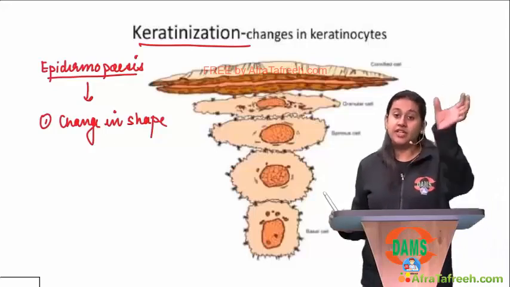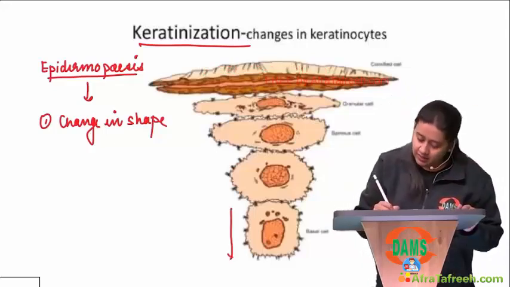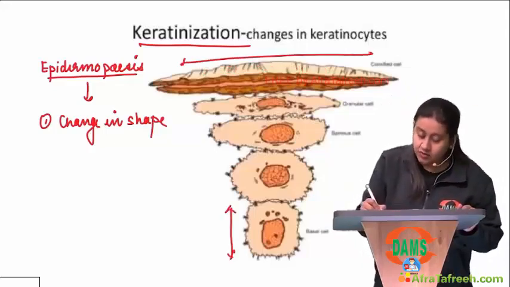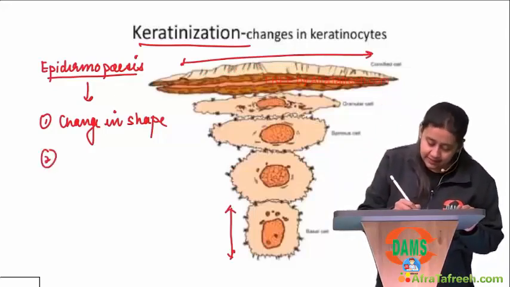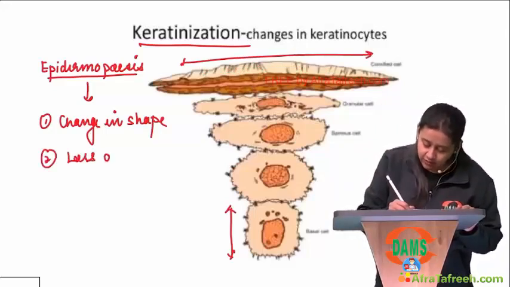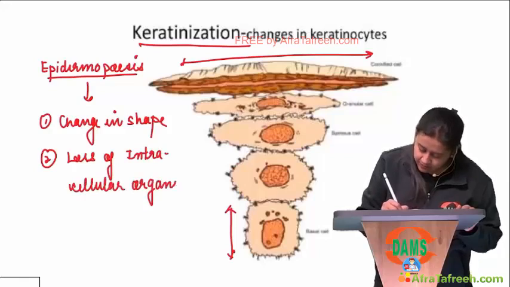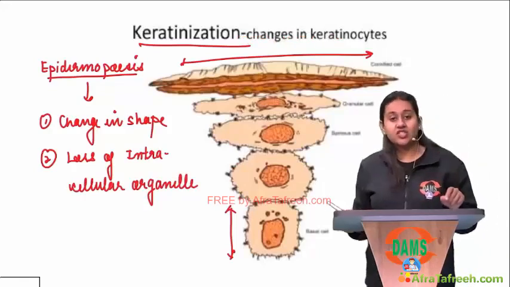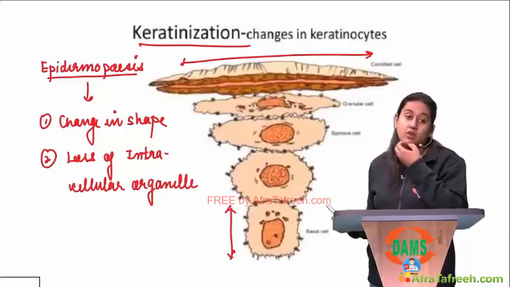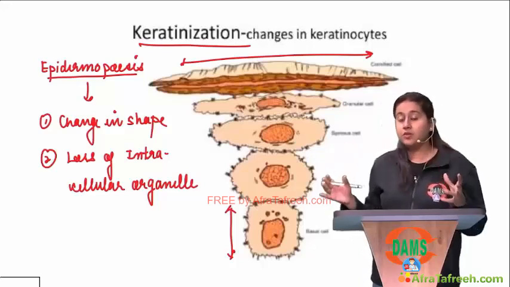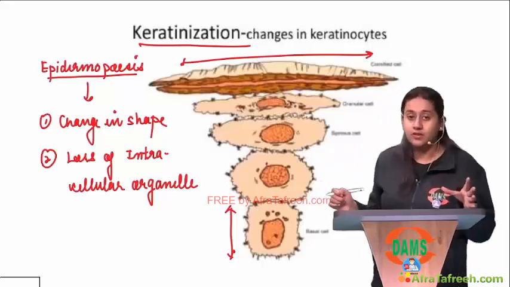From vertical orientation it becomes horizontal. You can see it is vertical here, it becomes horizontal here. Second is loss of intracellular organelles. There is change in shape, there is loss of intracellular organelles, and both these processes are known as epidermopoiesis or the process of keratinization.